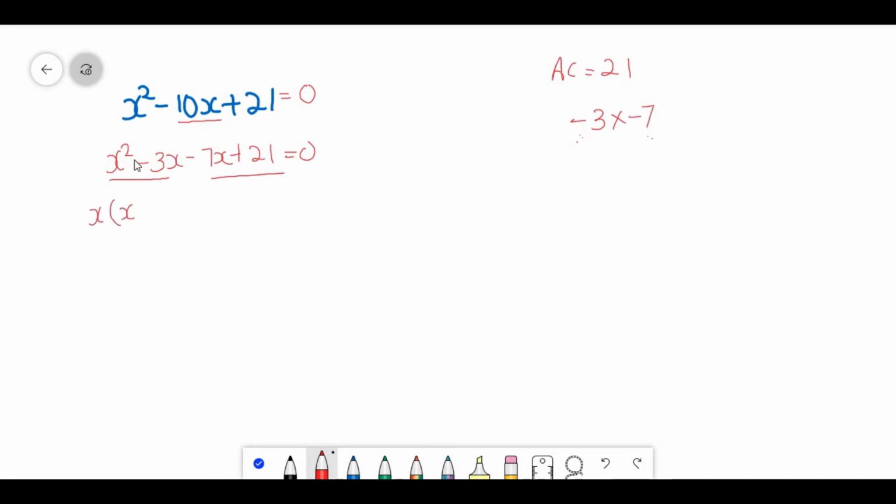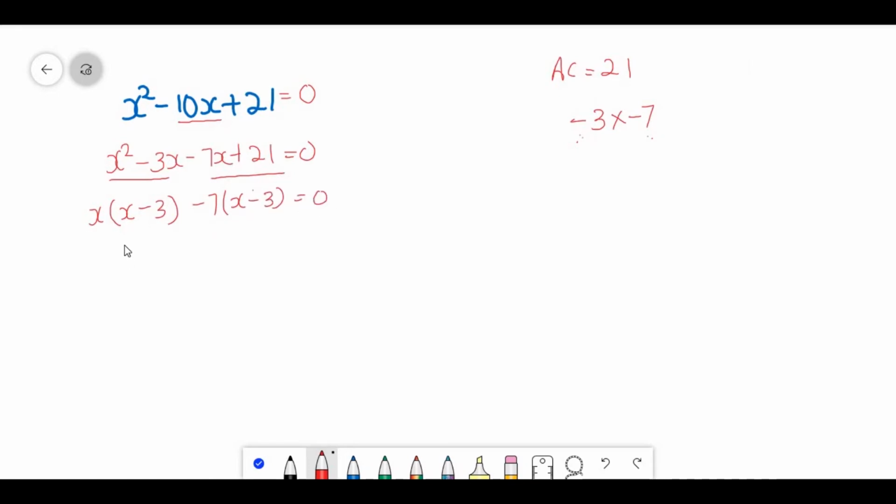So x into x squared is x, and x into 3x, minus 3. Second pair, we have negative 7x plus 21. We could take out the negative 7. Negative 7x divided by negative 7 we would just be left with x. And 21 divided by negative 7 would be negative 3, equals 0.